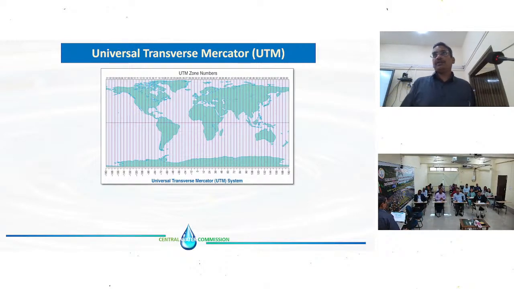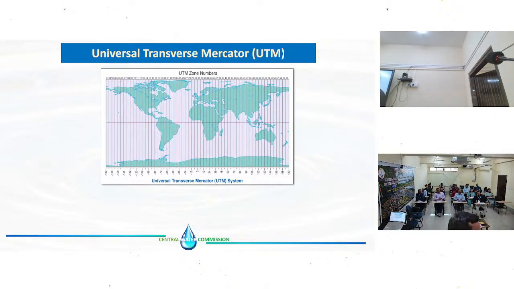It will not be convenient. So they have come up with the universal transverse Mercator system, which is a combination of many projection systems. It will give everything in SI units. Here the coordinates are known as eastings and northings.